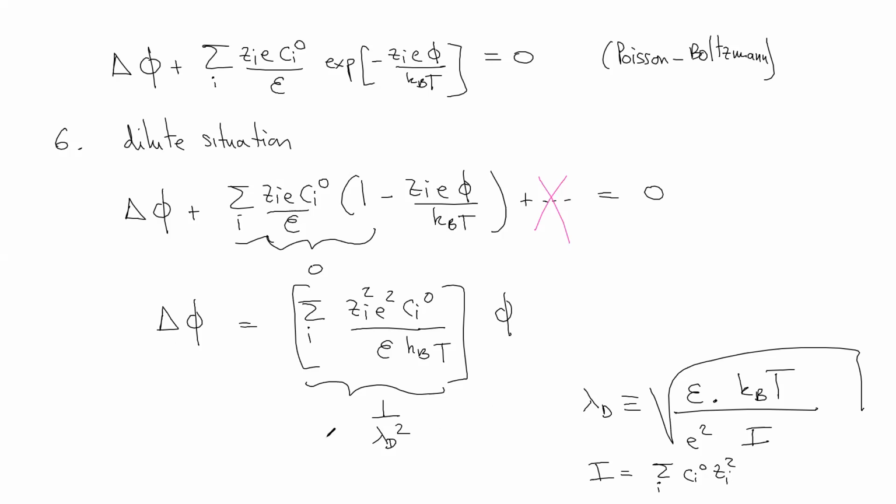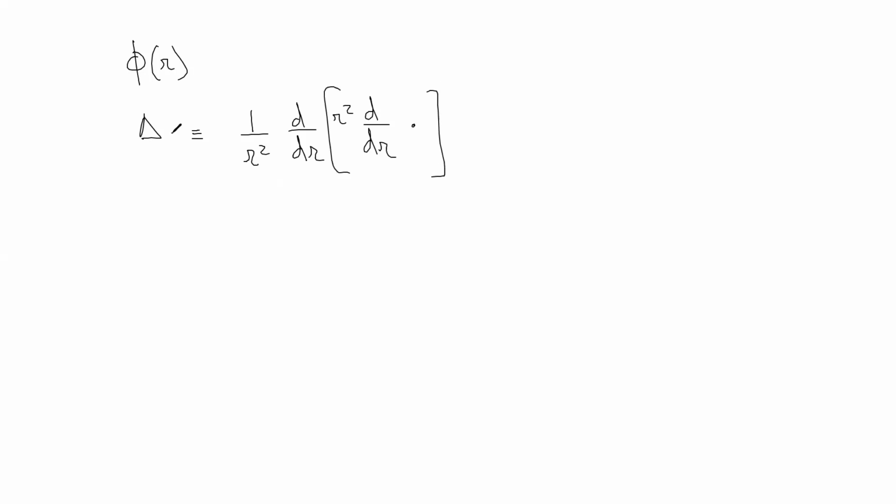So you have this equation that we can rewrite here, and remember that phi is in fact a function of the distance only. So the Laplacian here, in spherical coordinates, will be simply, with full derivatives here. Okay, that will be the operator.